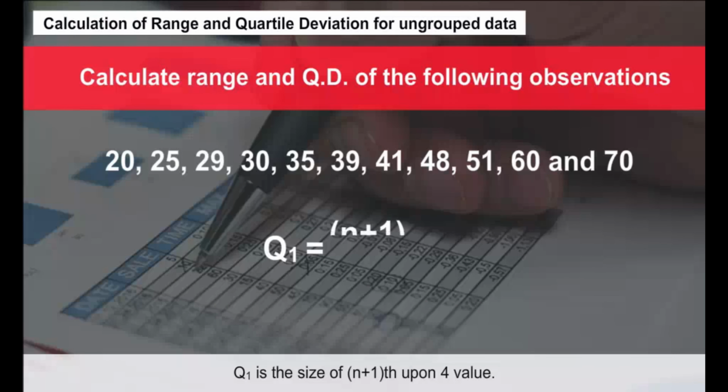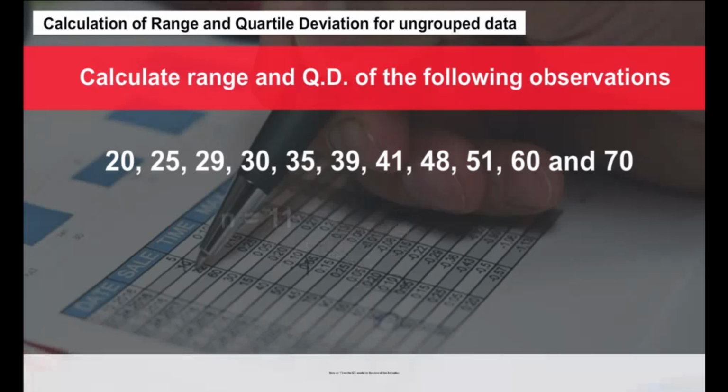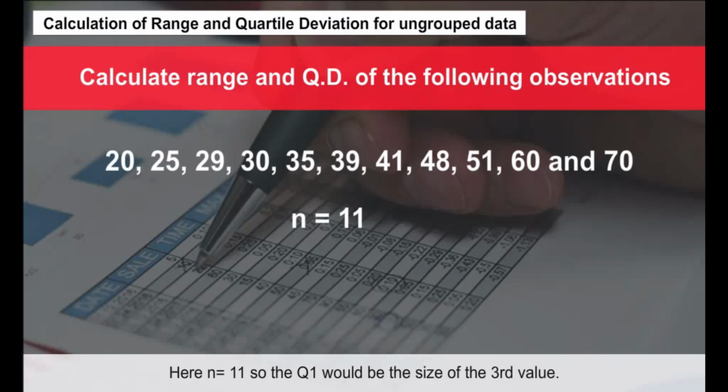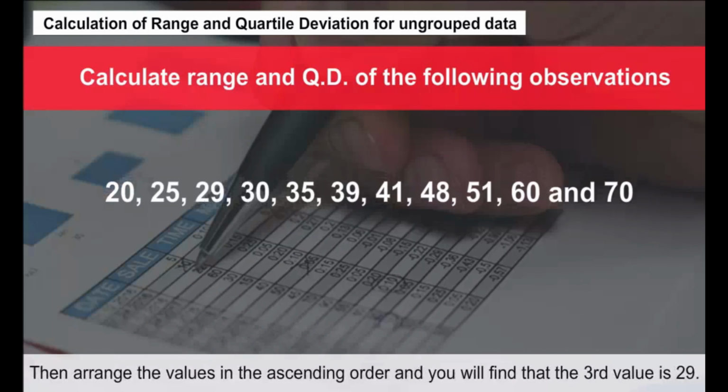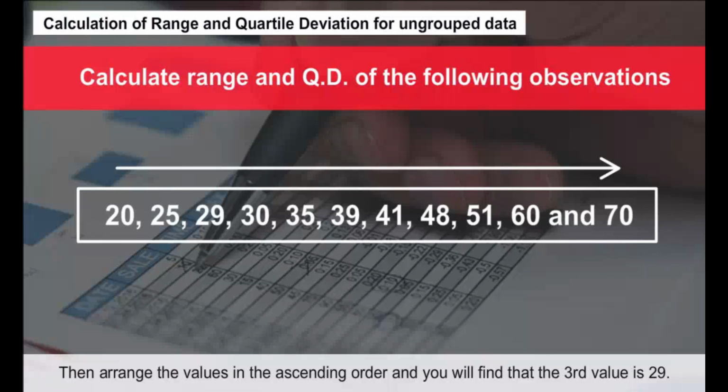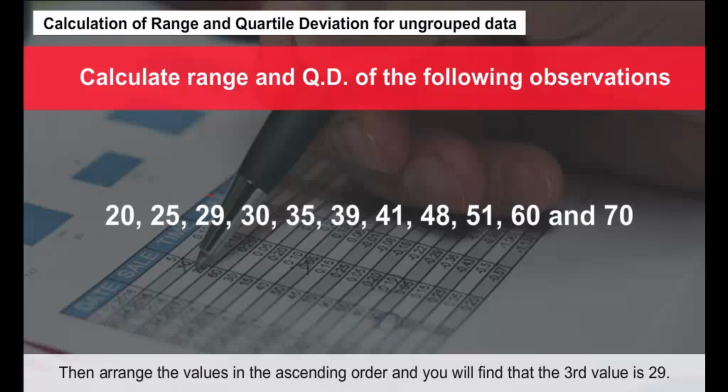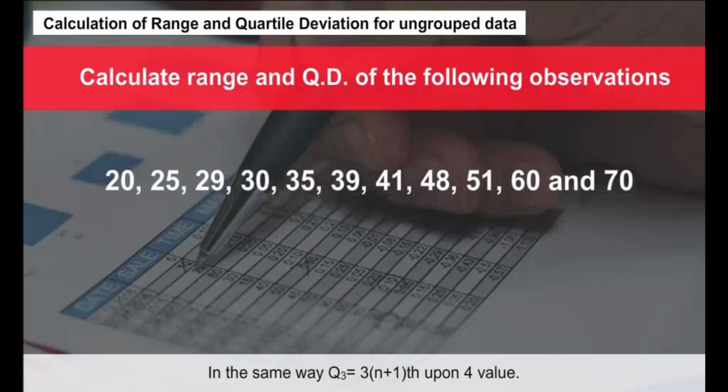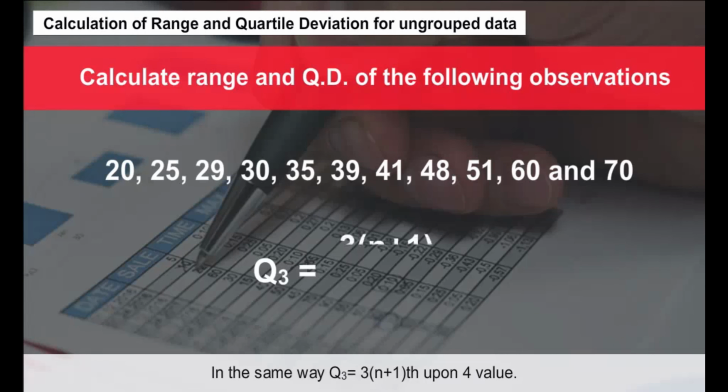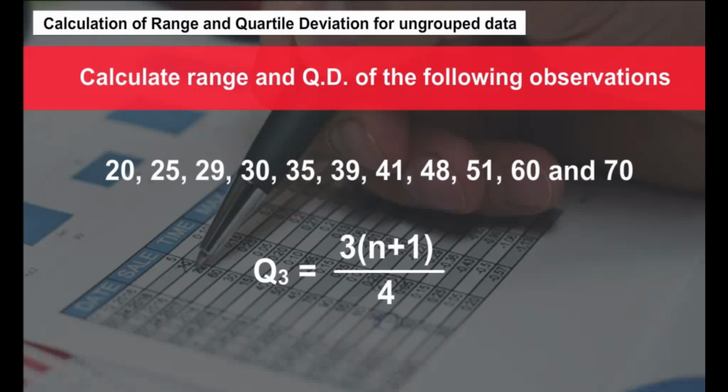Q1 is the size of (n plus 1) upon 4th value. Here n is equal to 11. So, Q1 would be the size of the third value. Arrange the values in ascending order and you will find that the third value is 29. In the same way, Q3 is equal to 3 times (n plus 1) upon 4th value.